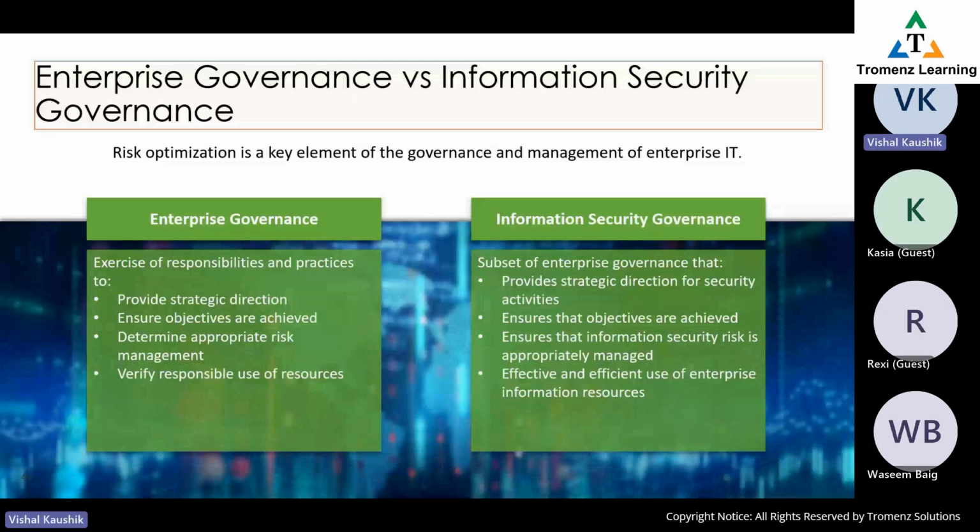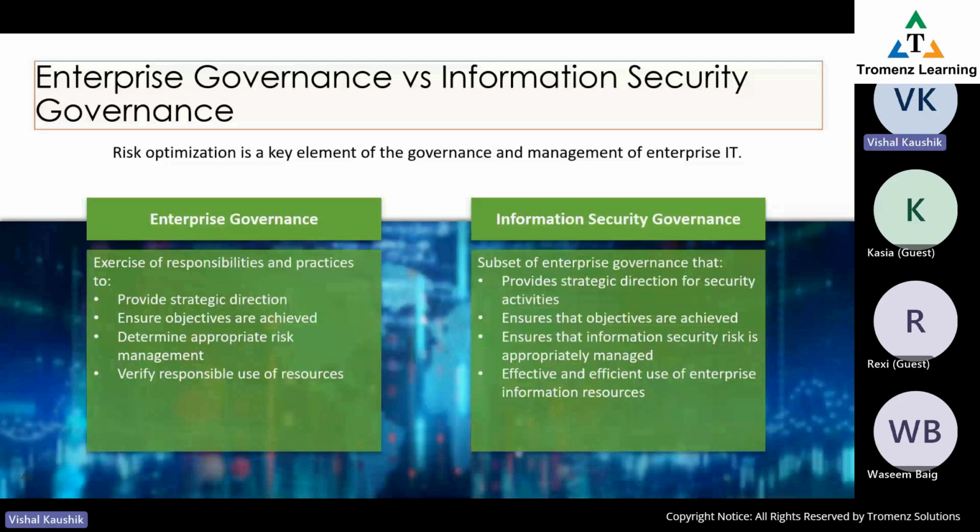Whereas when we talk about information security governance, what we get to know is that it's a subset of corporate governance, and it provides a strategic direction for security activities.